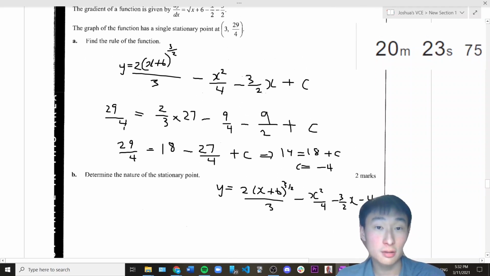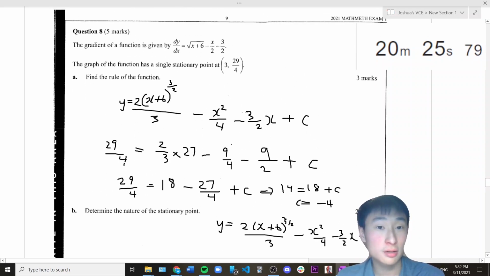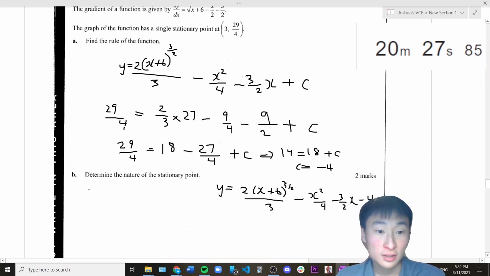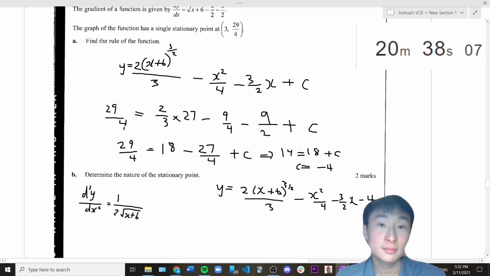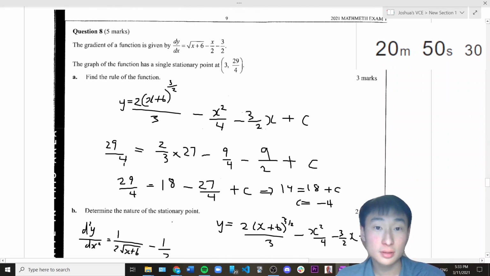Okay, so the double derivative d squared y dx squared is equal to, derive that, you get a half times (x plus 6) to the minus a half, minus a half.